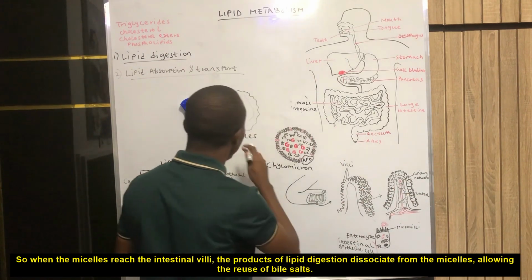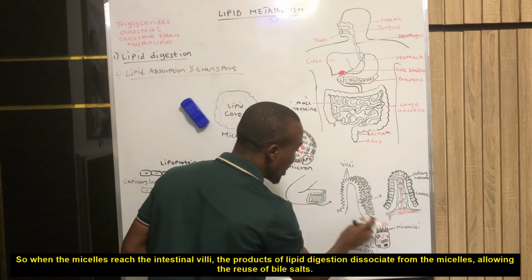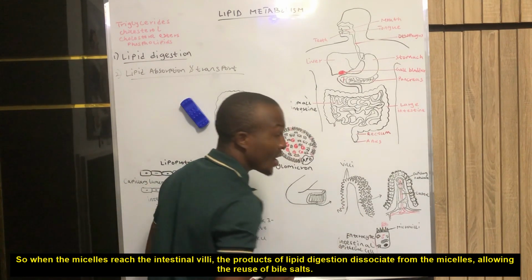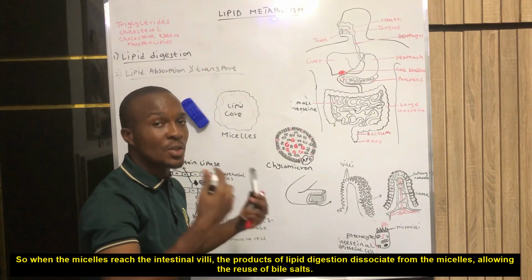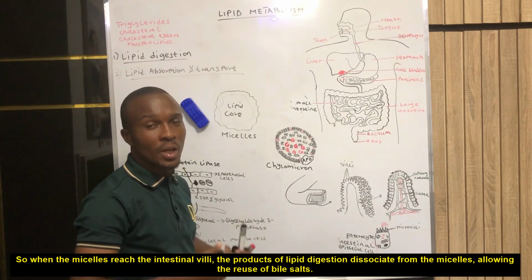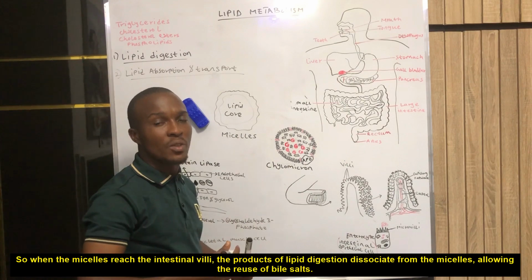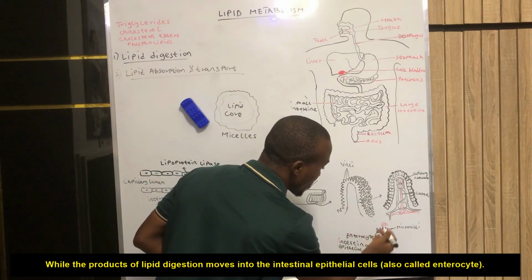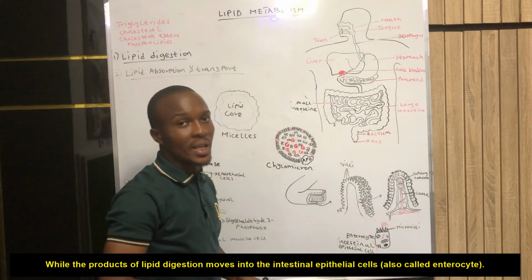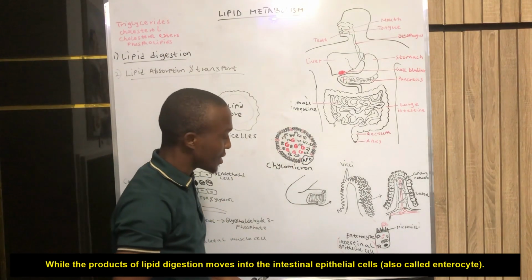When these micelles reach the intestinal villi, the products of lipid digestion dissociate from the micelles, allowing the bile salts to continue their work, while the products of lipid digestion move into the intestinal epithelial cells.